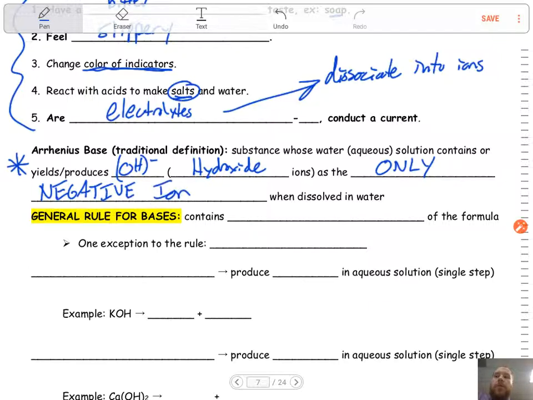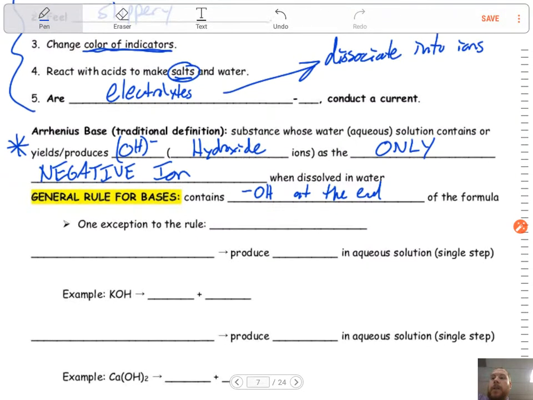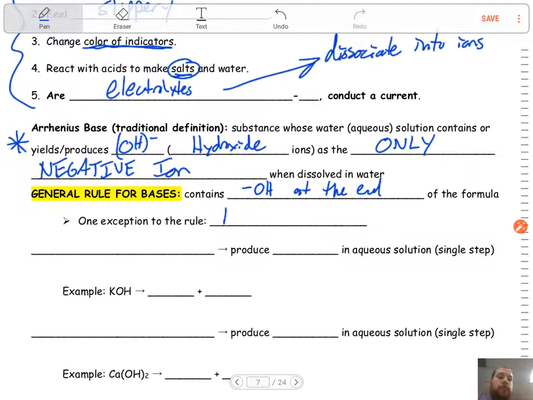So the general rule of thumb for bases, again, not all of them, they contain OH at the end of the formula. One exception would be ammonia. Right, NH3, be on the lookout for ammonia. Ammonia is a base. We're going to talk about it. It's a weak base, but it's still a base.